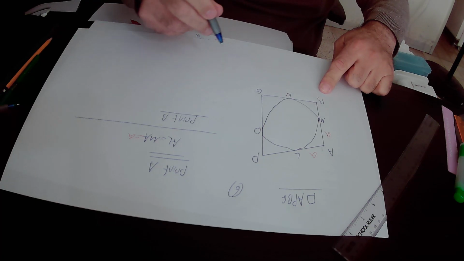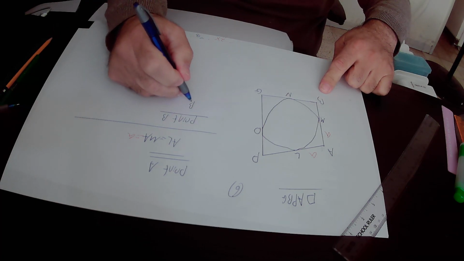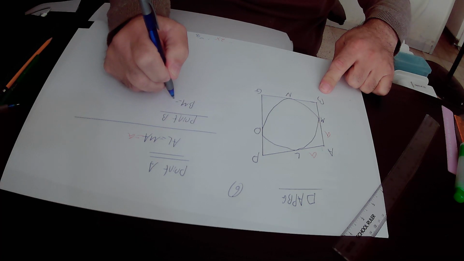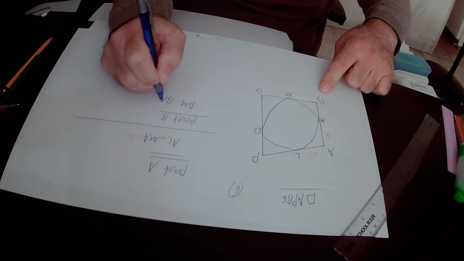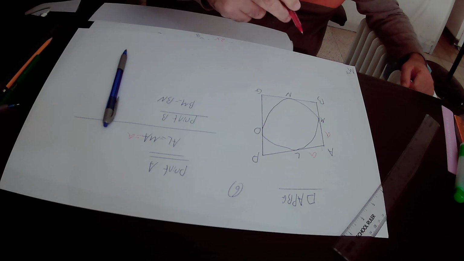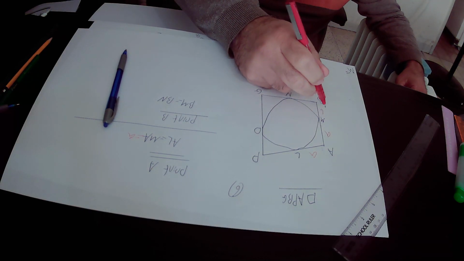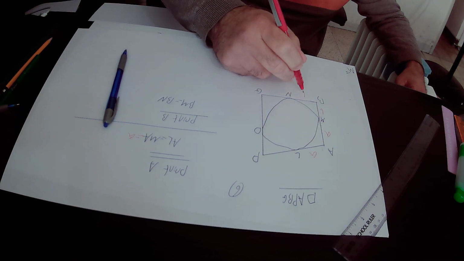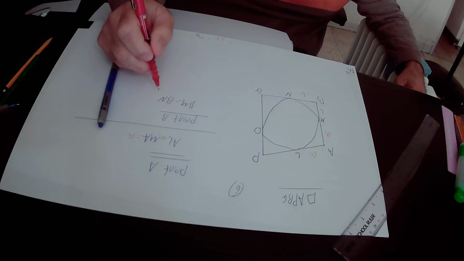And according to rule number 2, tangent BM must be equal to tangent BN. So if BM equals B, then BN must also equal B, because they are equal to each other according to rule number 2.